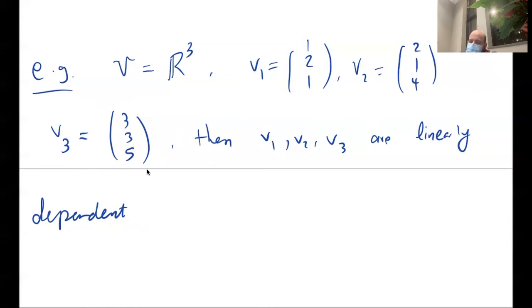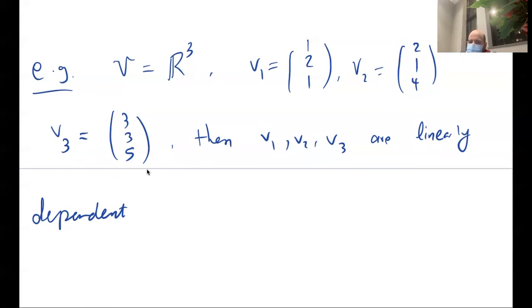But for this specific example, it's also possible to guess a solution for C1, C2, C3. If we can find at least one non-trivial solution, meaning a solution where at least one of C1, C2, or C3 is non-zero, then that means the vectors are linearly dependent.